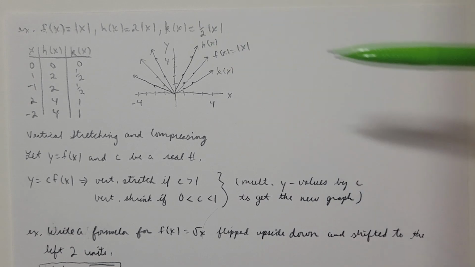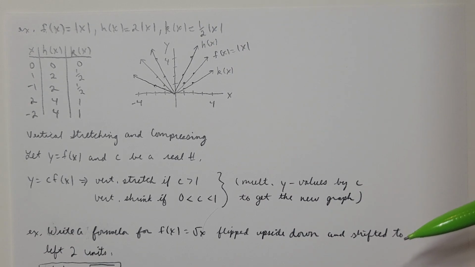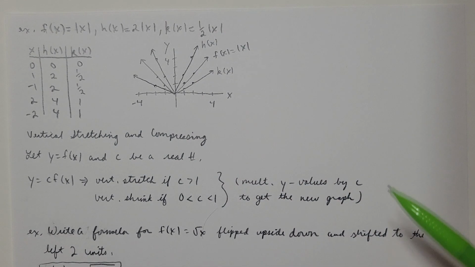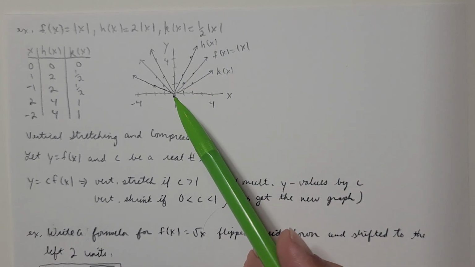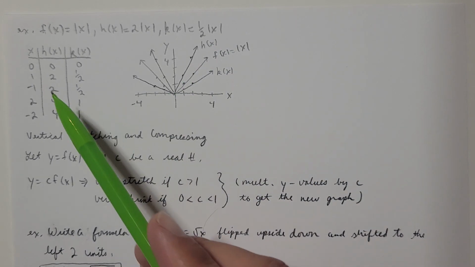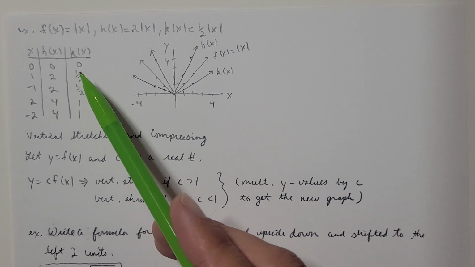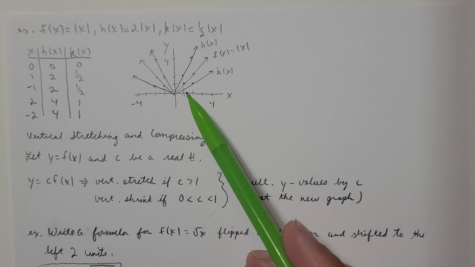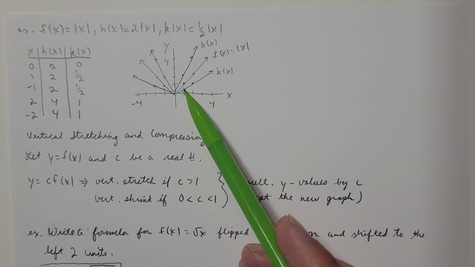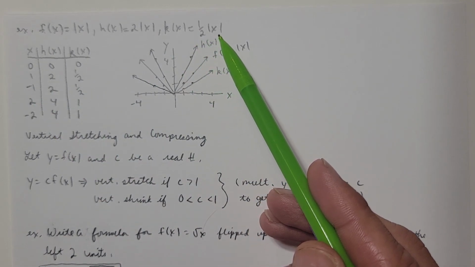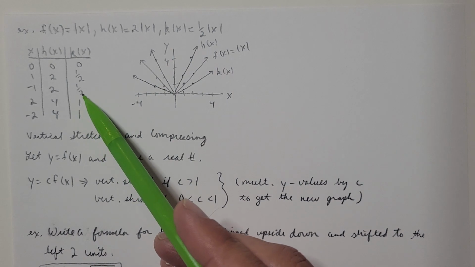Now how about k of x? K of x is 1/2 times the absolute value of x. So if I let x be 0, 1/2 times 0 is 0, so there's 0, 0 on the graph. If x is 1, 1/2 times 1 is 1/2. Okay, so 1, 1/2, that point is on the graph. If x is -1, the absolute value of -1 is 1, times 1/2 is 1/2.